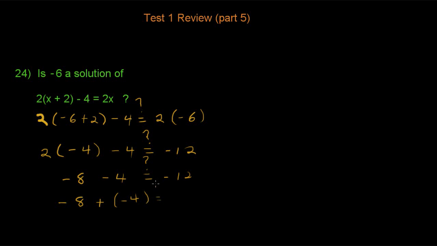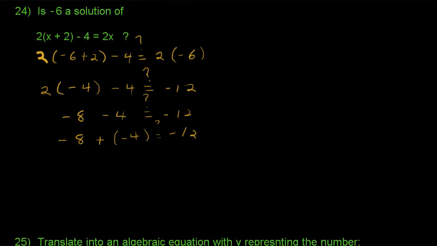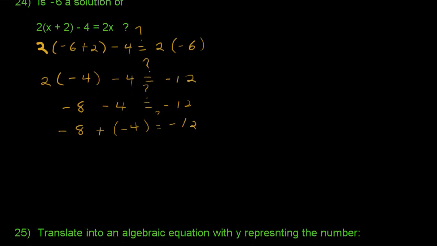So we write -8 plus a -4, and we'll still keep the question mark in there, is equal to -12. And sure enough, -8 plus -4 is equal to -12.